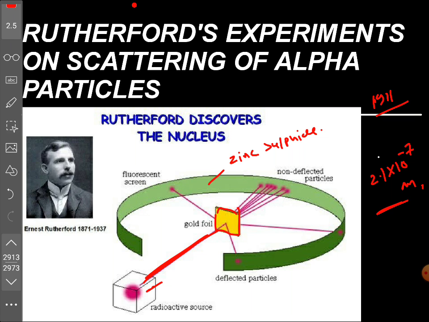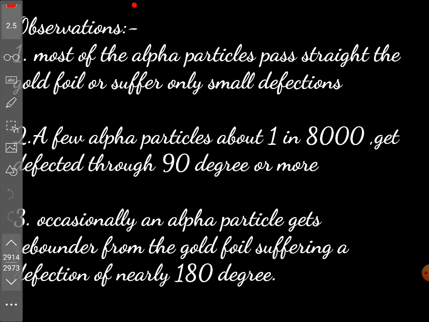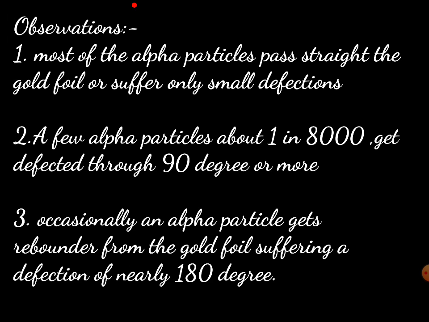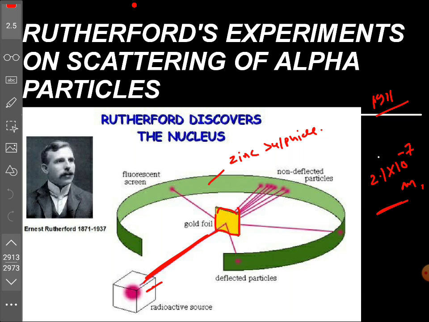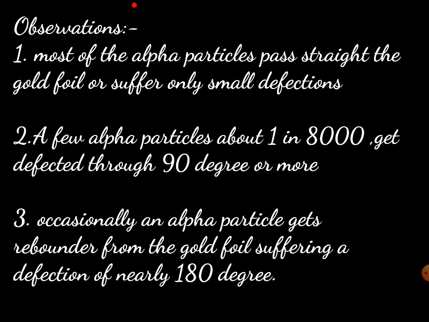Now, what were the observations from this experiment? The first observation was that most of the particles pass straight through the gold foil, or suffer a very small or almost no deflection when they pass through.